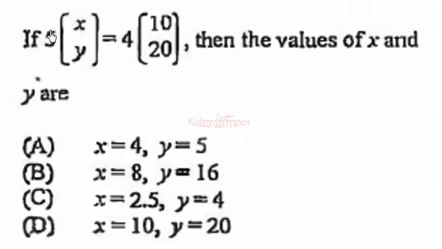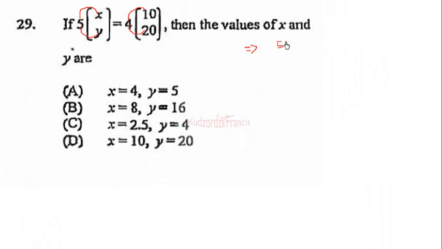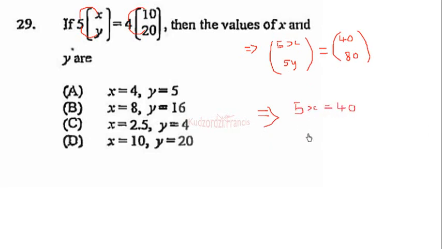Now let's look at this. We have this, so we multiply the vectors by the scalar. So let's do that. We do the scalar multiplication to get 5x, 5y, then it will be equal to 4 times 10, which is 40, then 4 times 20, which is 80. What do we do next? We use the equality of vectors. So vectors' corresponding components must be equal.